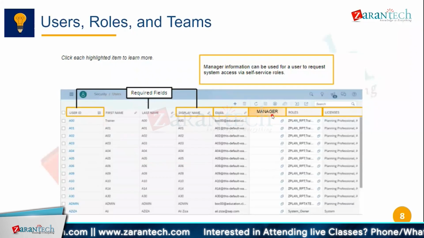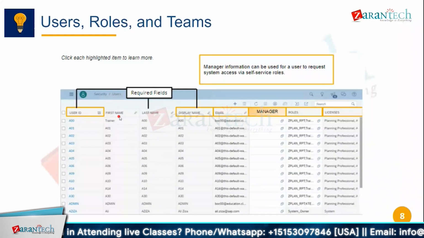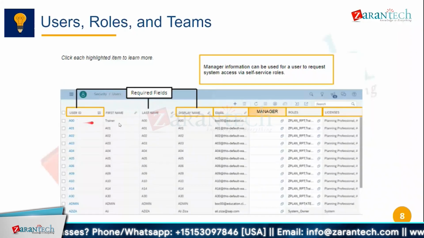Then the next one is manager, which is optional. With the manager field, you can assign any person as a manager to a particular user. For example, in our example, I think Rajni could be manager for Akshi and DC. In case DC and Rajni users are created, they can be managed by Rajni herself.